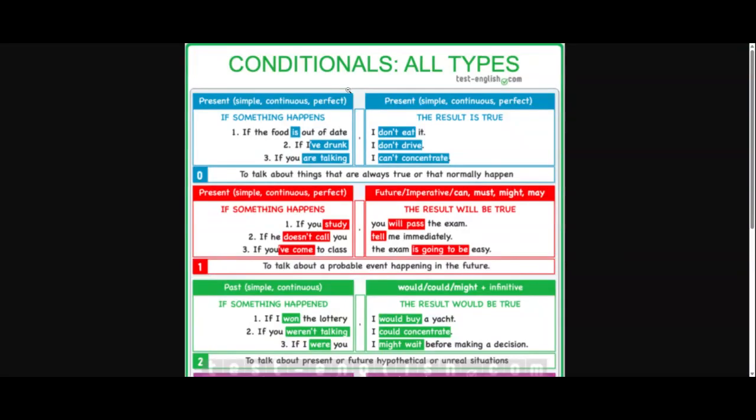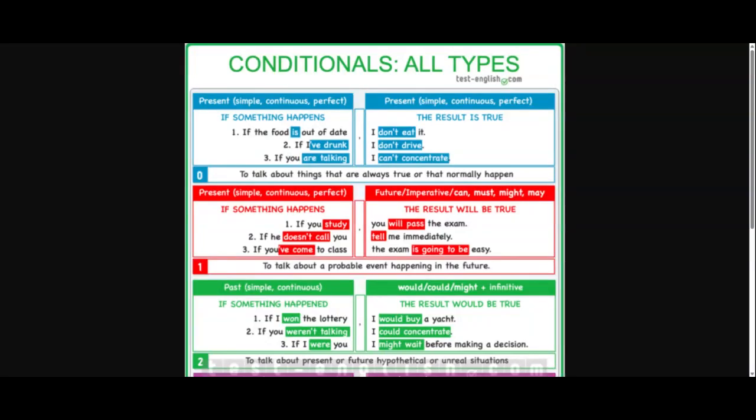Pero tenemos ejemplos más evidentes en donde se nota esto de scientific facts, sorry. If you heat water, it boils. Si calientas agua, hierve. If you heat ice, it melts.